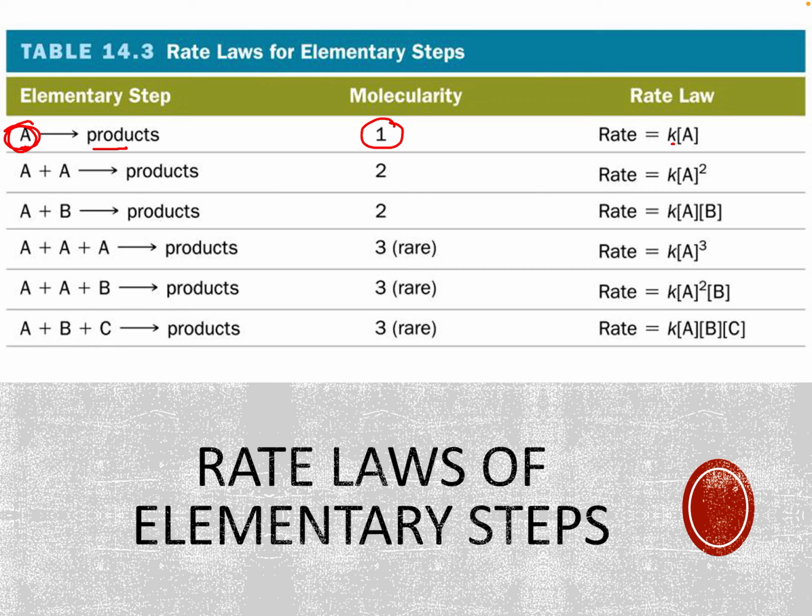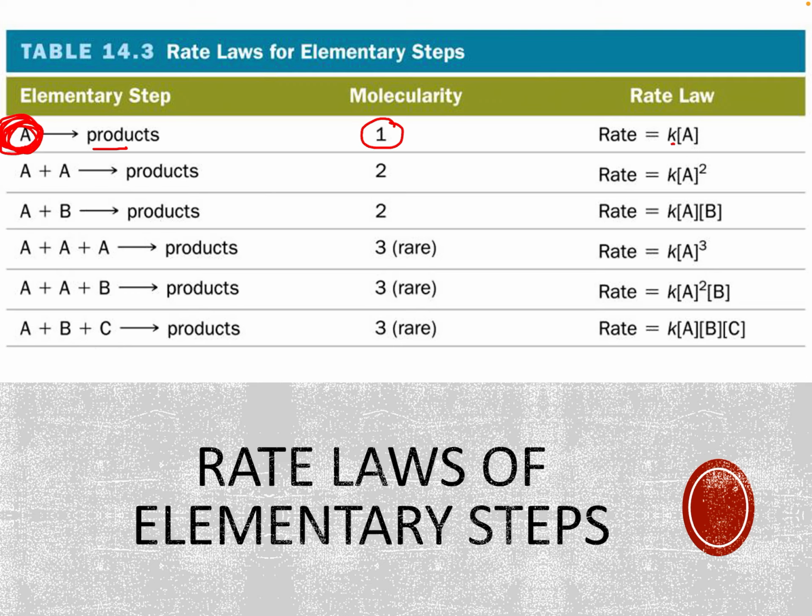That's why we had to use our data to figure out the order of the reaction. We needed to look: if I double A and the rate doubles, that means it's first order. Or we can plot things with the integrated rate law and figure all that out. But for an elementary step, we can use the coefficients from our balanced chemical reaction to write our rate law. So for this elementary step, rate equals k times A, because there's literally just one A sitting here.